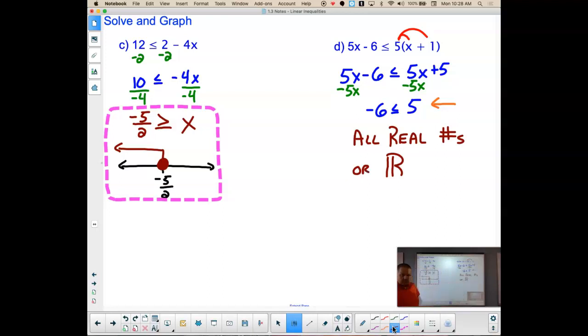The graph, because it said solve and graph: I take my number line and I throw any old number on there. I'm just going to throw 0 on there because it's the middle of the middle numbers. And then I draw my arrow all the way across.